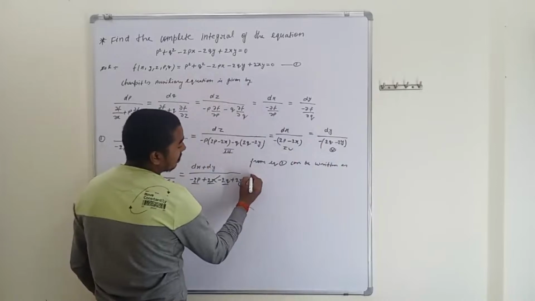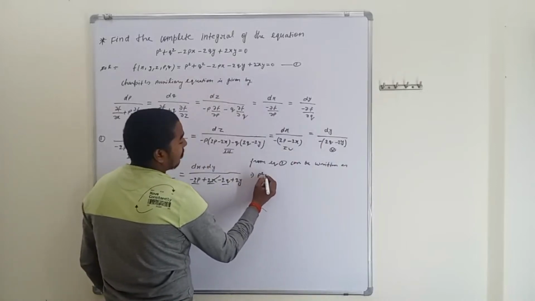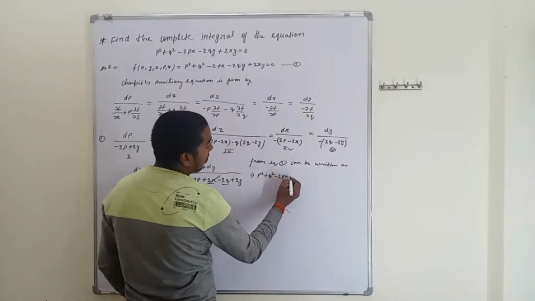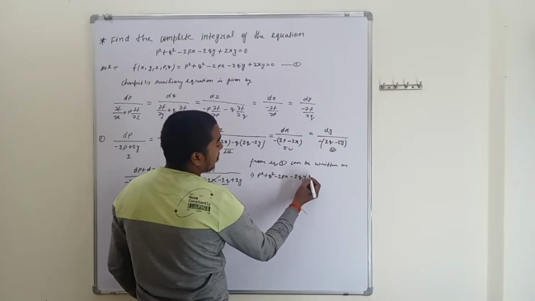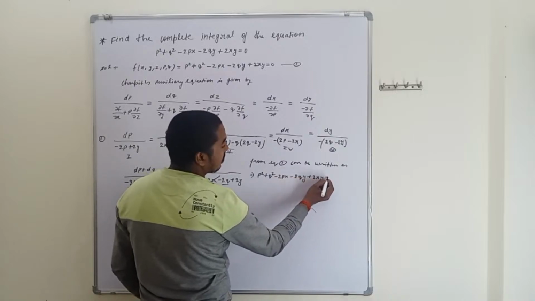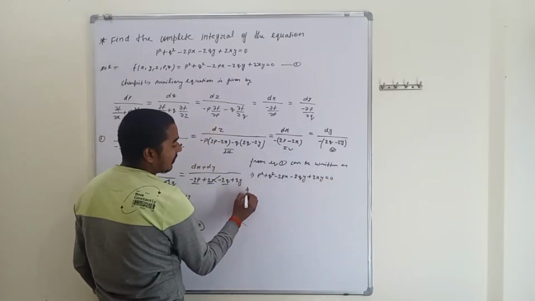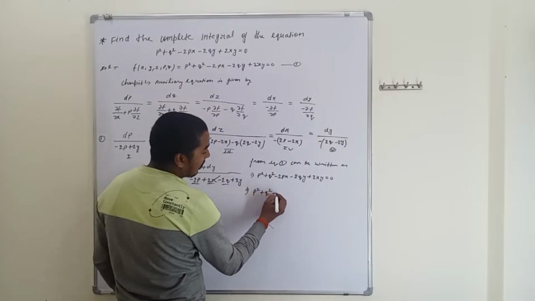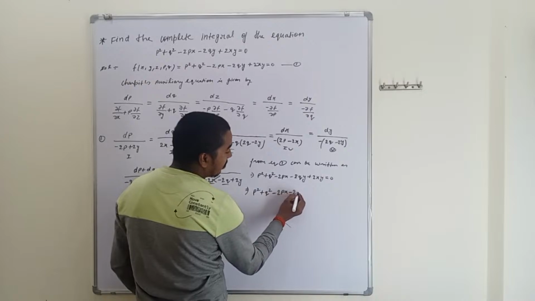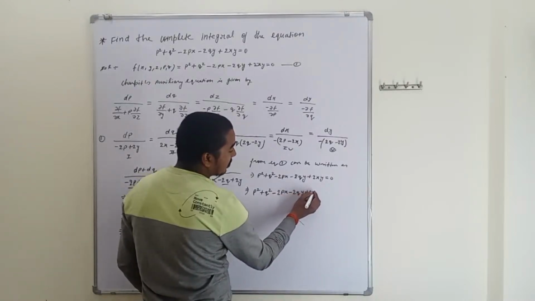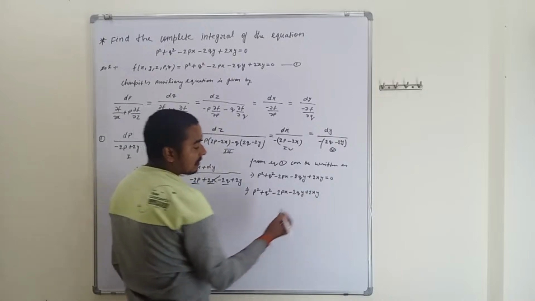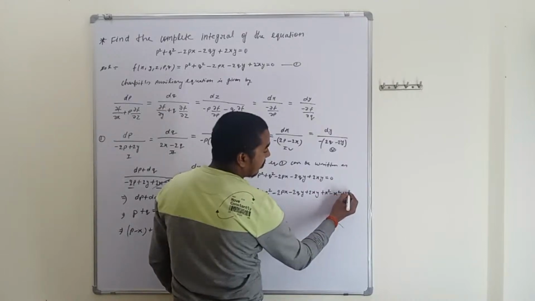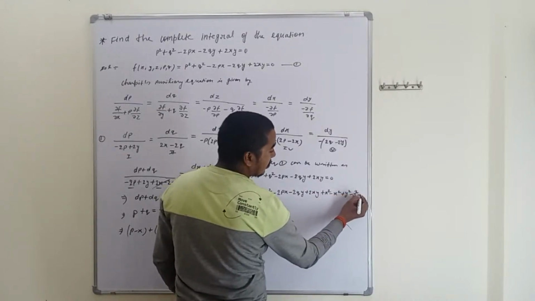p square plus q square minus 2px minus 2qy plus 2xy is equal to 0. We have to make some modification in the above equation. p square plus q square minus 2px minus 2qy plus 2xy. We have to add and subtract plus x square and minus x square, and plus y square and minus y square, is equal to 0.